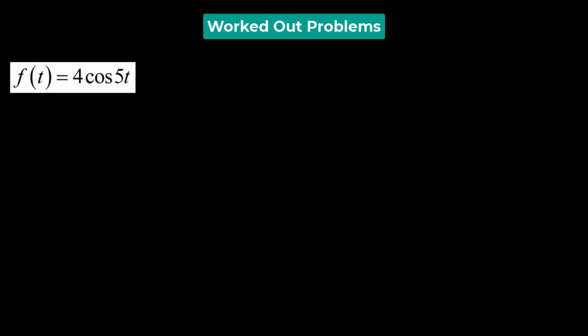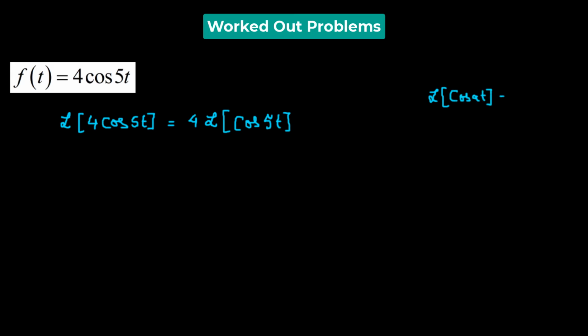So here we have the function f of t equals 4 times cosine of 5t. So let's find out the Laplace transform of this particular function. We can pull out the constant 4 from the inside to the outside, meaning we can pull it out of the operator. So that will be simply equal to 4 times the Laplace transform of cosine of 5t. Now we know that the Laplace transform of cosine of at is given by s divided by s squared plus a squared.